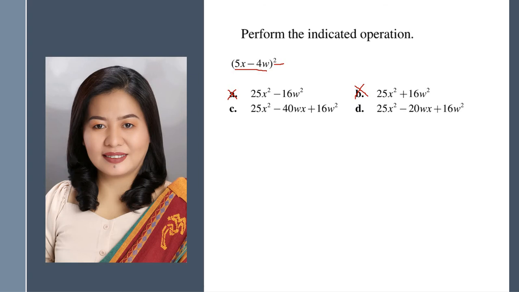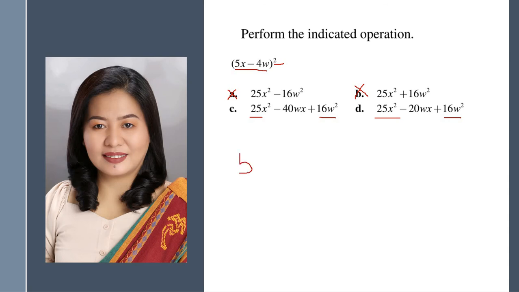Next, we look at C and D. For C and D, you have exactly the same first term and last term, so the only difference there is the middle term.